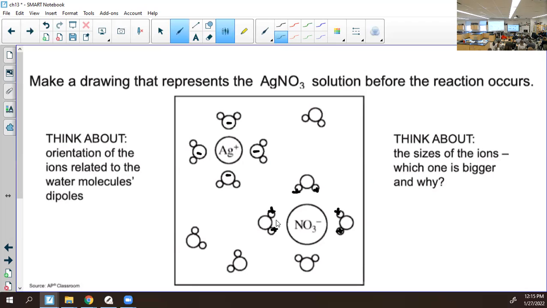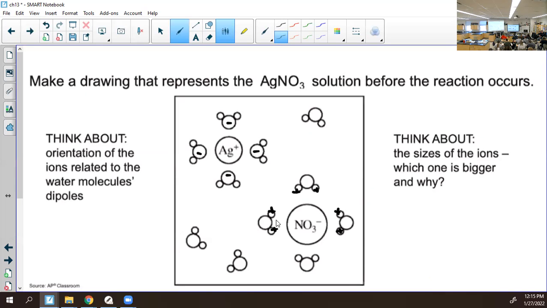Now, how come I didn't include any MCl? Because it's before the reaction, and this says that represents the AgNO3 solution. It didn't ask for it. Could you? Yes.